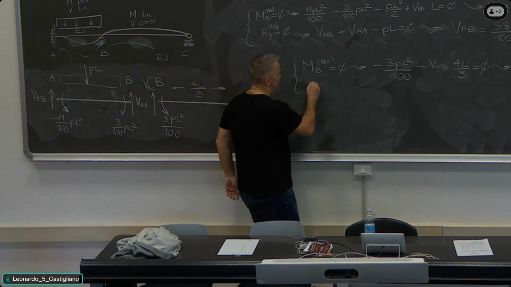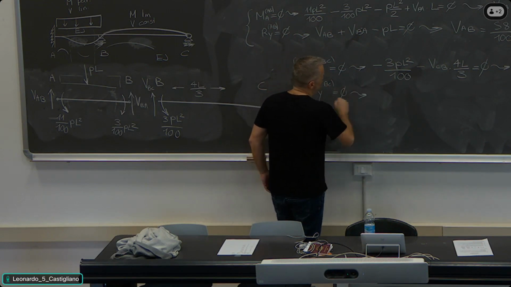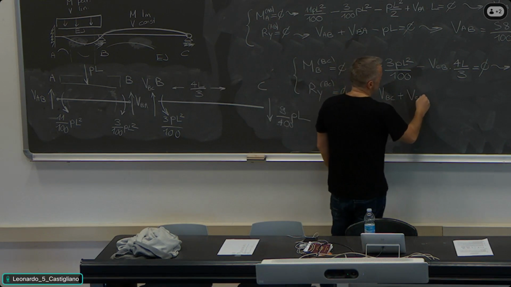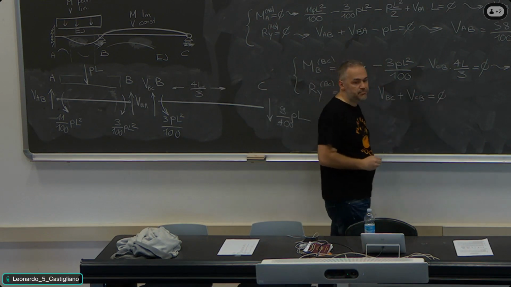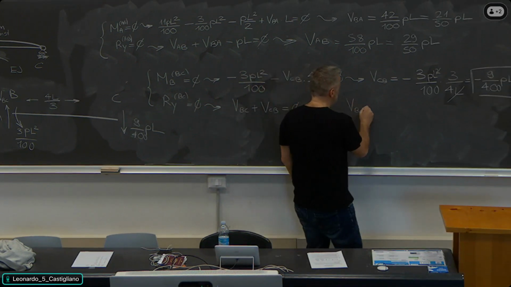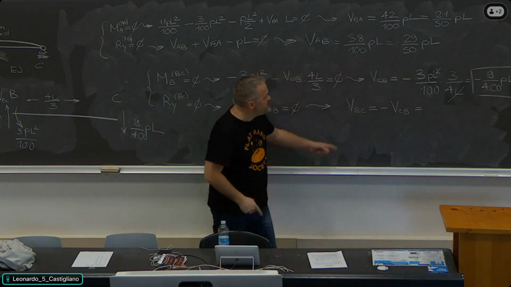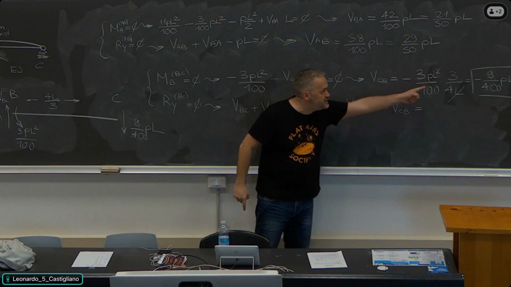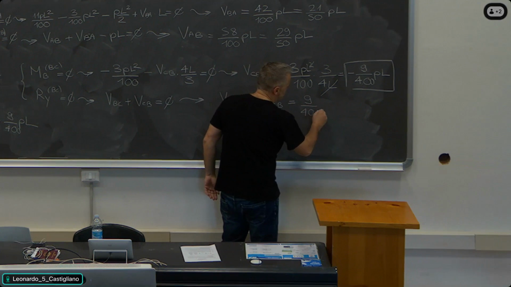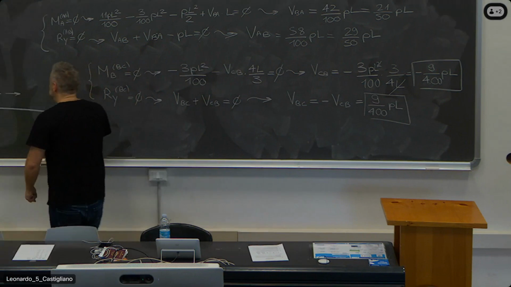What about Ry of BC equals 0? VBC plus VCB equal to 0 because there are no loads applied, which means VBC is equal to minus VCB, but VCB, as you see, is minus 9 over 400 PL, which is quite obvious.